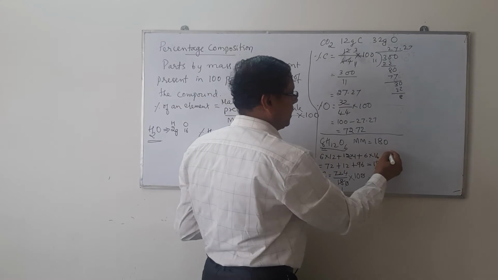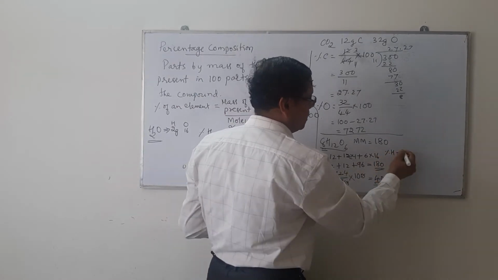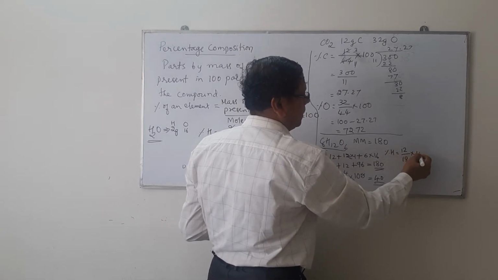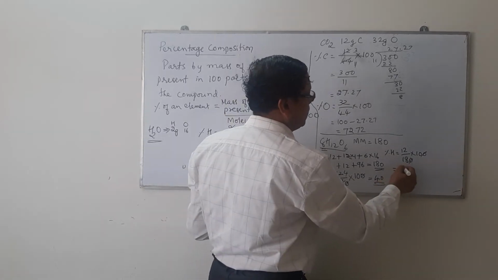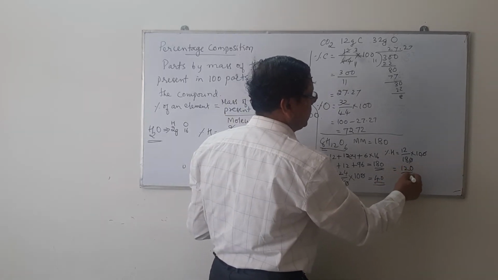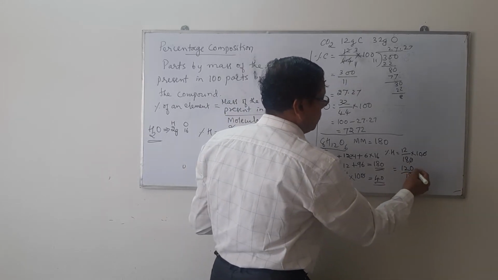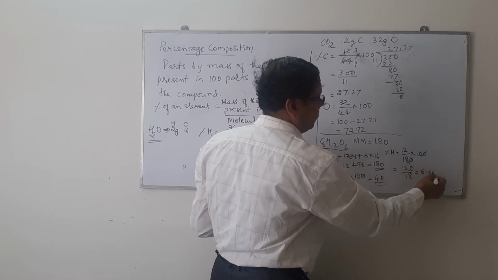If you take the percentage of hydrogen, hydrogen is 12 grams out of 180, multiplied by 100. Again you cancel a 0. It is 120 divided by 18. It is almost 6.66 you will get.